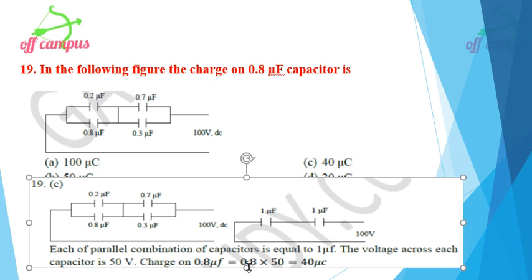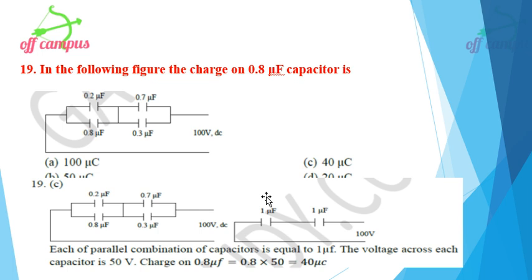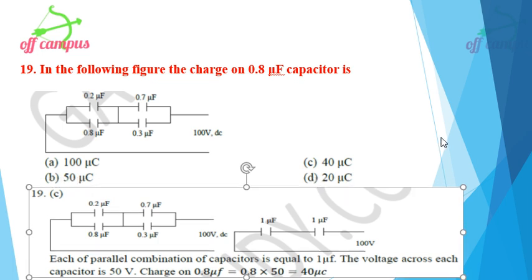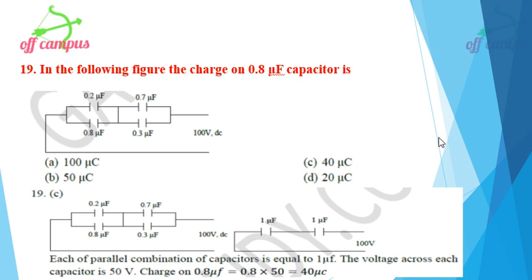So 0.8 into the voltage drop for this combination, 50 volts. So 0.8 into 50, because Q equal to C into V. C value 0.8 microfarad into voltage value 50. So 0.8 into 50 equal to 40 microcoulomb. What is the option? Option C is the right option. 40 microcoulomb is the right option for this problem.